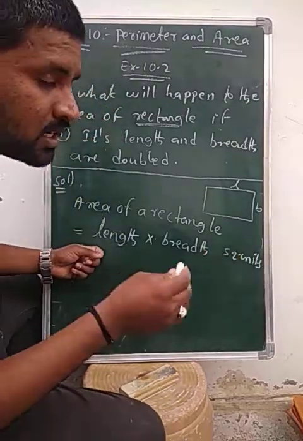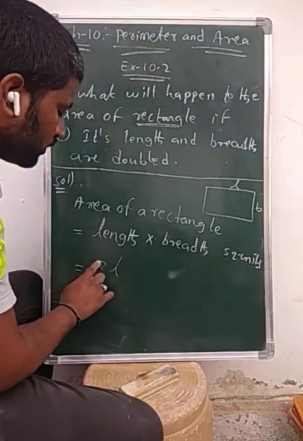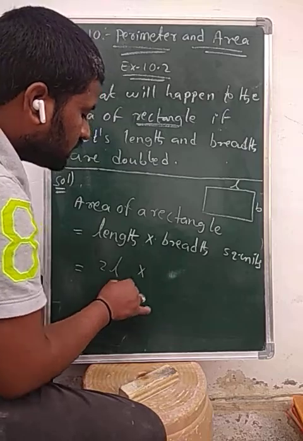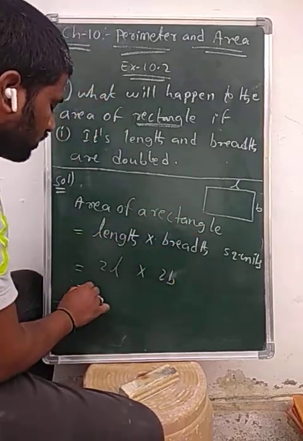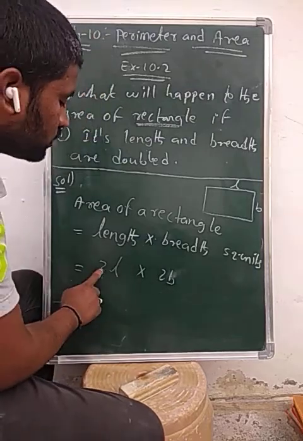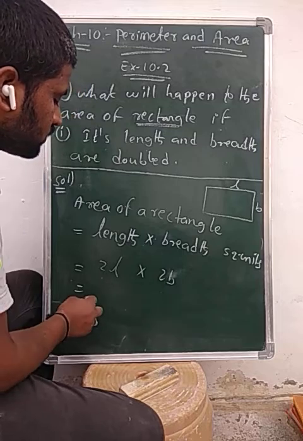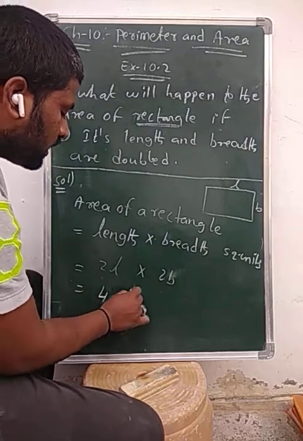Now length is doubled means it becomes 2L, into breadth is doubled means 2B. Multiplying 2L into 2B, the product of these two terms: 2 2s are 4, L into B, LB.